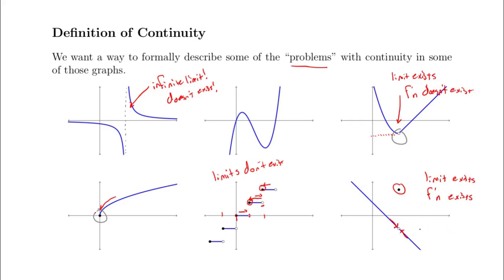So what we'll say is that if this is some point with an x value of a, the limit as x approaches a of this function is not equal to the function value. That's our problem, is that whatever the y value is that our graph is approaching around a is not the same thing as the y value that our graph is giving out at the x value of a.